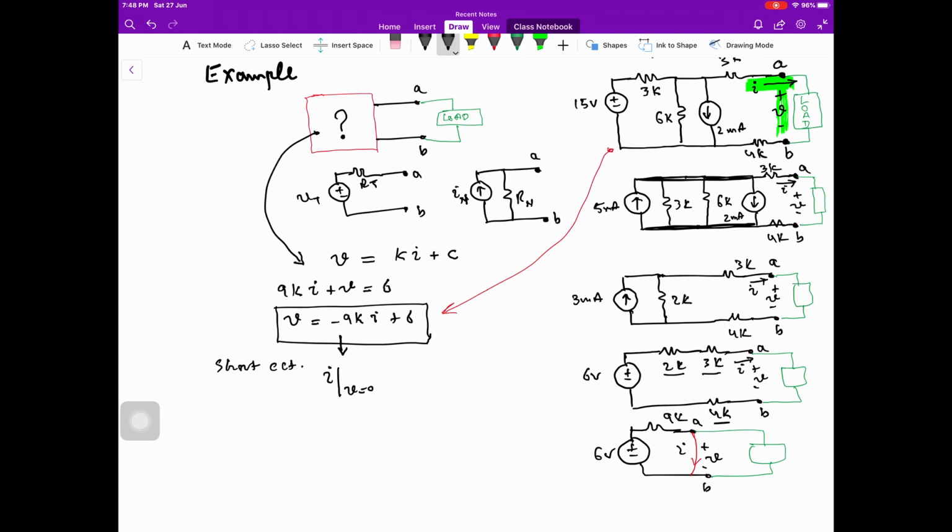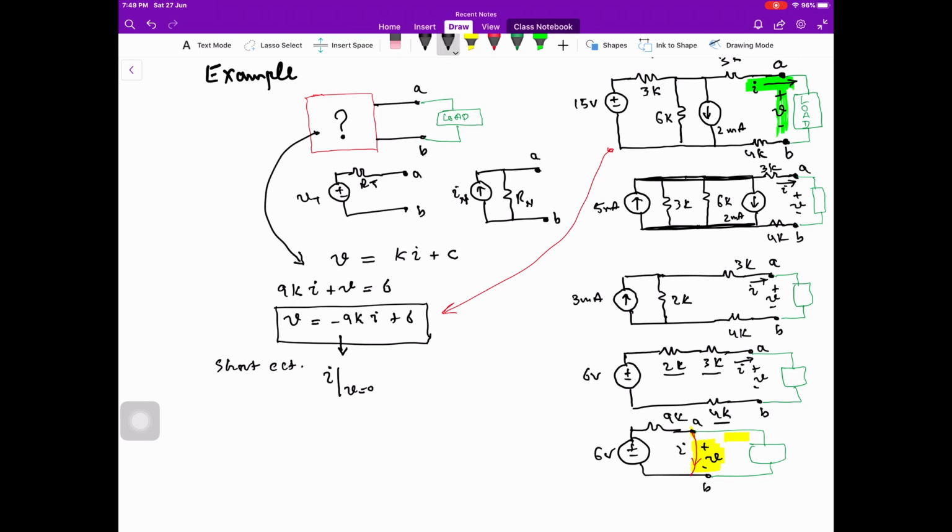Look at the circuit again. As output terminals A and B are short circuited, the voltage over here is equal to 0. Due to short circuit, no current flows through the load, and the whole of the current flows through the 9K and the short circuit link, while this voltage becomes 0.